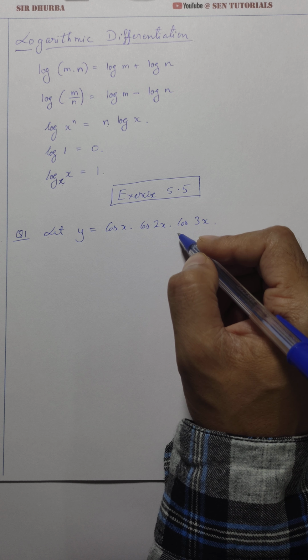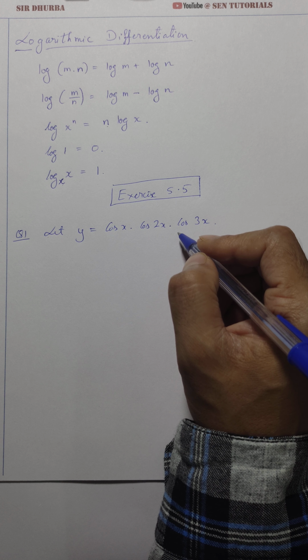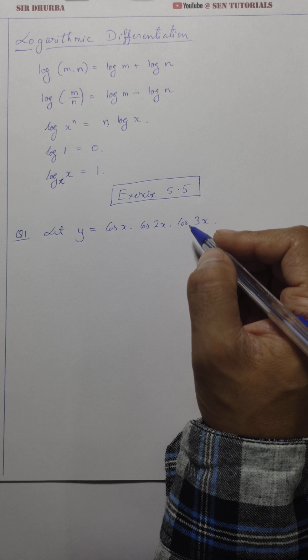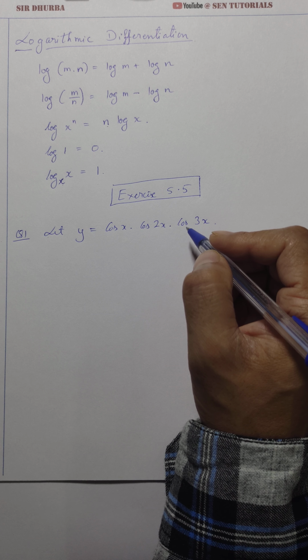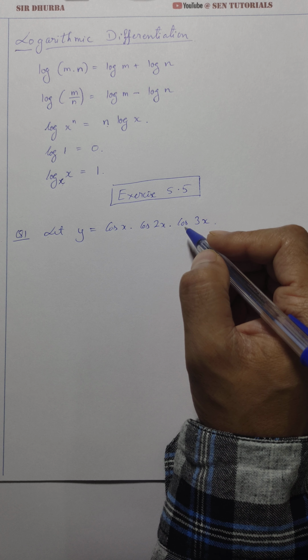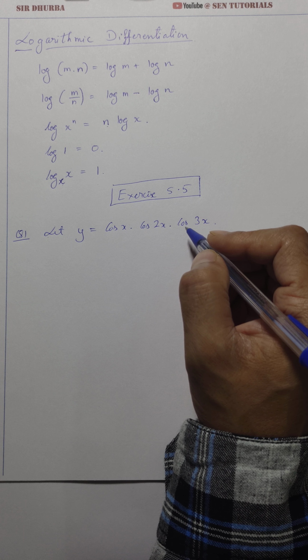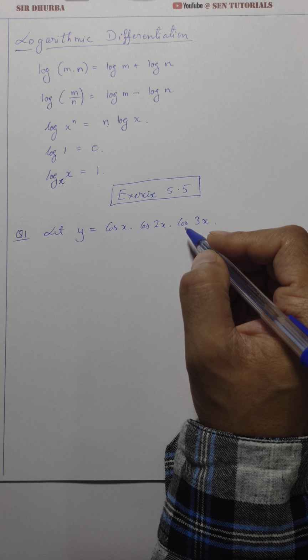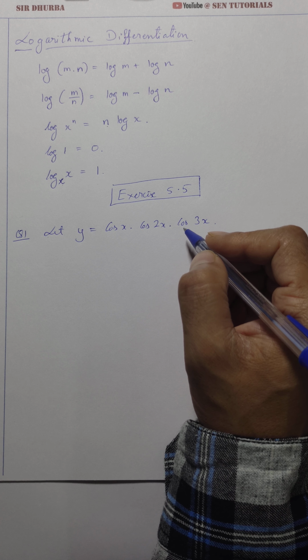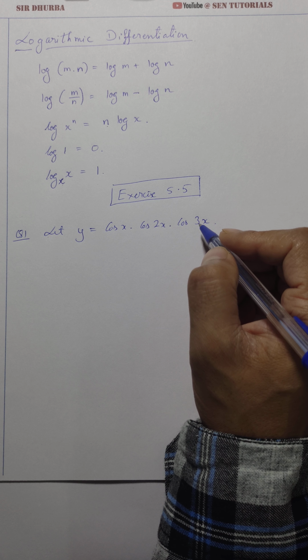There will be certain questions where, without the help of taking log also, it can be easily differentiated, so feel free to do that. This is just another tool that has been developed so that certain special functions which may not be very easy to differentiate straight up, we will take the help of logarithm. That's all. It's not compulsory that you always have to use log. No, it's not like that.